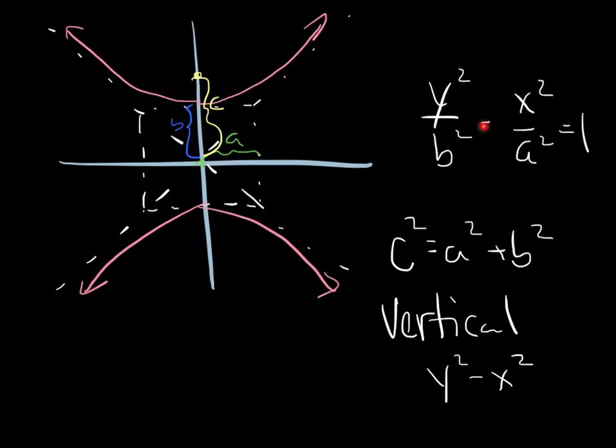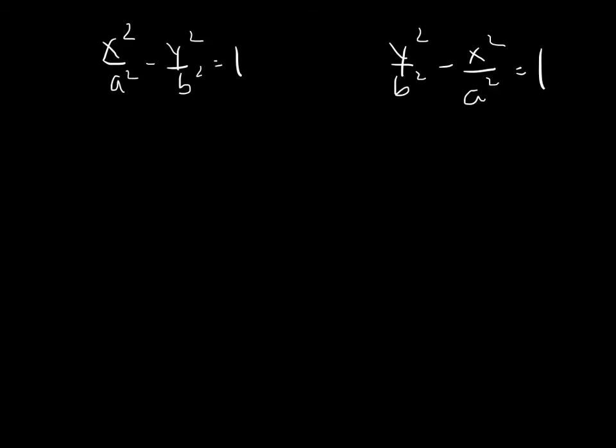Alright, so let's look at a couple more facts about this. We've got two different equations: x squared over a squared minus y squared over b squared equals 1, or y squared over b squared minus x squared over a squared equals 1. Remember, this is horizontal. This is vertical.